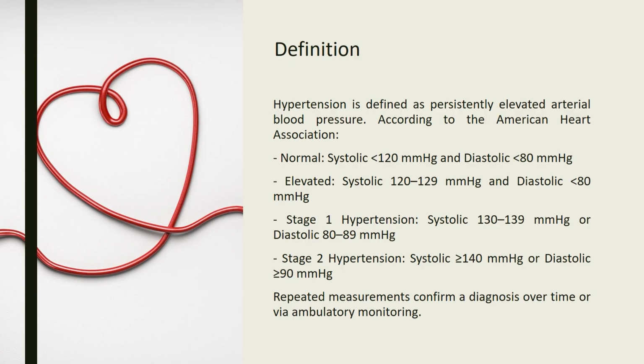Stage 2 hypertension: systolic greater than or equal to 140 mmHg or diastolic greater than or equal to 90 mmHg. Repeated measurements confirm a diagnosis over time or via ambulatory monitoring.